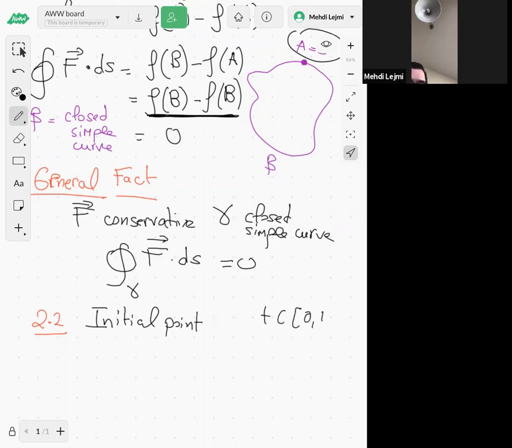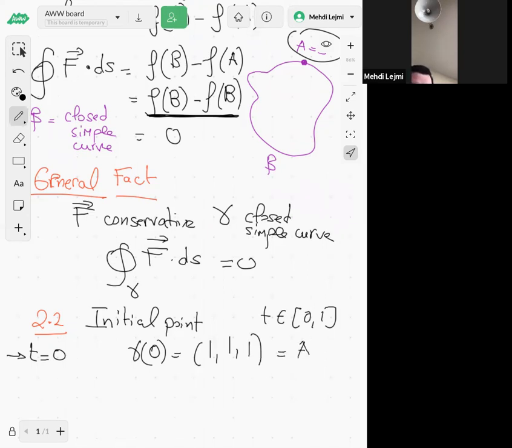At time t equal to 0, that's my initial point, the first value of t in the interval. So the initial point is gamma of 0. Gamma of 0 is 1, e to the 0, which is 1, and e to the 2 times 0, which is also 1. So this is my A.